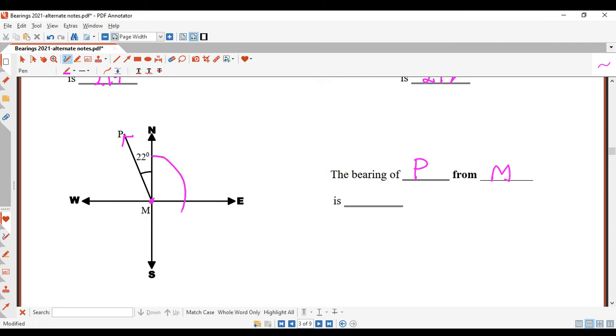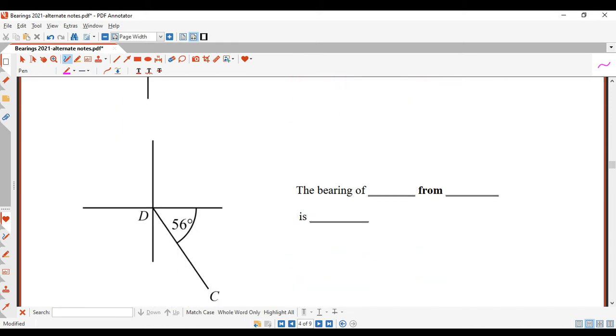The clockwise angle from north is that angle there. Now we know full circle is 360 degrees. If I go 360 minus 22, it's going to give me 338. So that clockwise angle from north is 338 degrees.